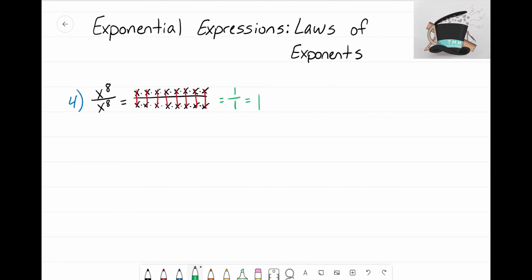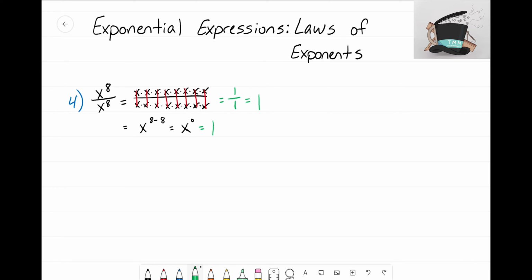I want you to think about that for a second. When we did it the new way with our law of exponents, we said that we just had to take the 8 minus the 8, and that it became x to the 0. What we are showing here is that x to the 0 equals 1.